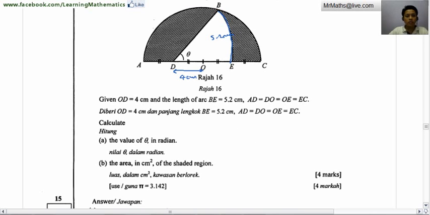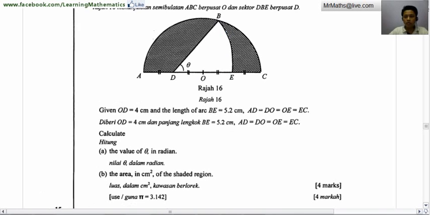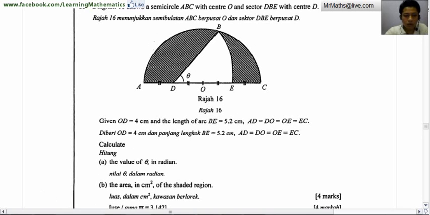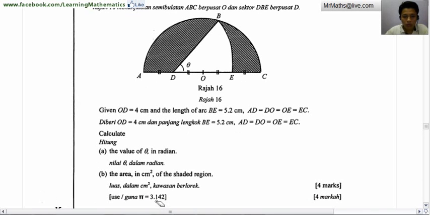Before that, I would like to delete everything here. And let me see. Pi is 3.142. Okay, that's very important information.